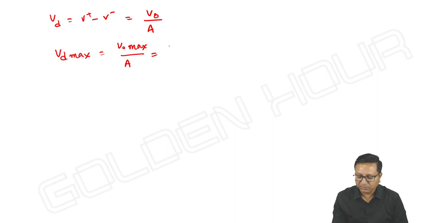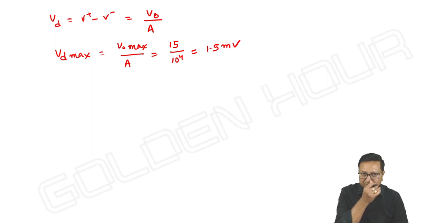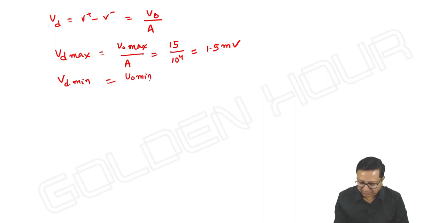What is V output maximum here? Plus 15 by A is 10 power 4, that is 1.5 millivolt. The differential input means V plus minus V minus, the maximum value of the difference is 1.5 millivolt. If it is more than that, the output cannot go beyond 15 volts. Similarly, VD minimum is equal to output minimum by A, that is negative power supply.